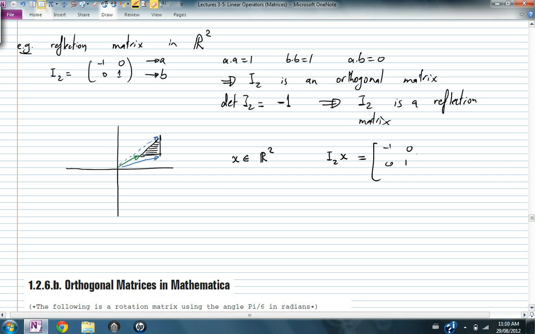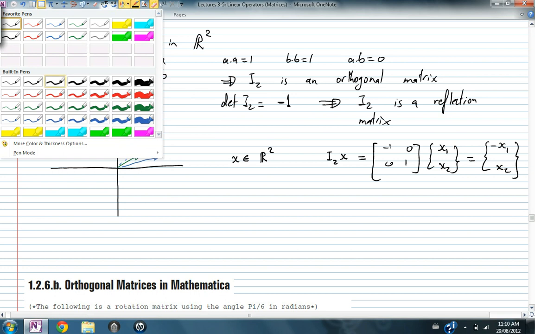-1, 0, 0, 1, multiplied by x1, x2. You will see when I multiply this row by the column, I get -x1 and x2. Every x, this matrix takes the first component and makes it negative. It keeps the second component positive. So every vector, it takes the first component and makes it negative.